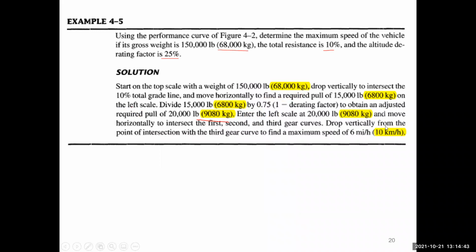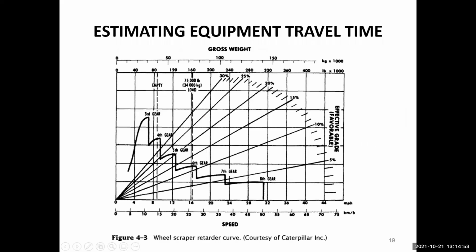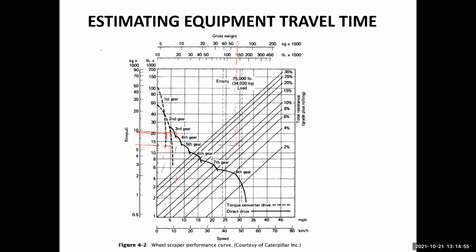Drop vertically from the point of intersection with the third gear curve to find a maximum speed of about 10 kilometers per hour. So the maximum speed will come at about third gear.